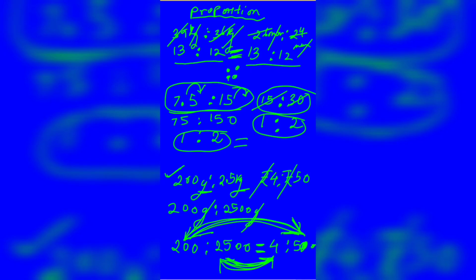If not, they are not in proportion. I am not writing this because there's a limitation of space here, so I've just told you that. Keep these two things in mind: product of extremes has to be equal to the product of means.